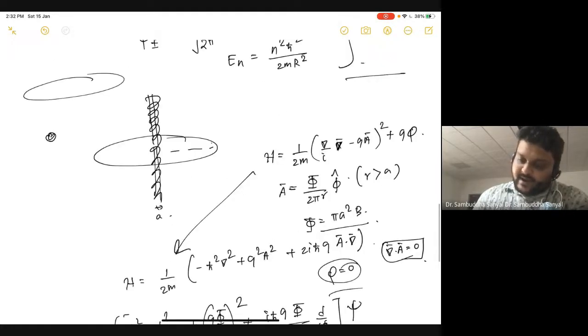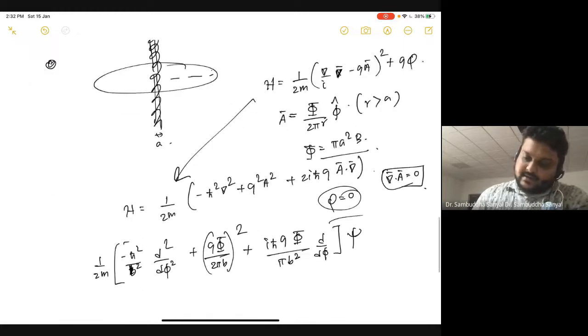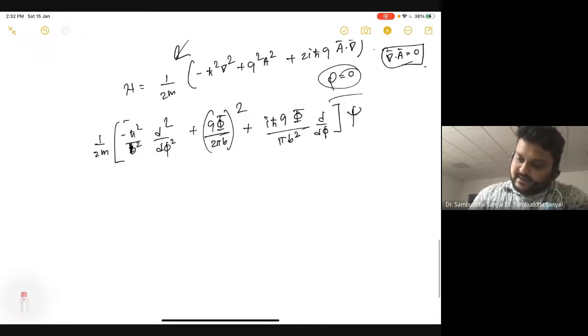Okay, I am using phi for this one, and here I have used theta. Just be careful. So this is phi, but that doesn't change anything. It's just a choice.